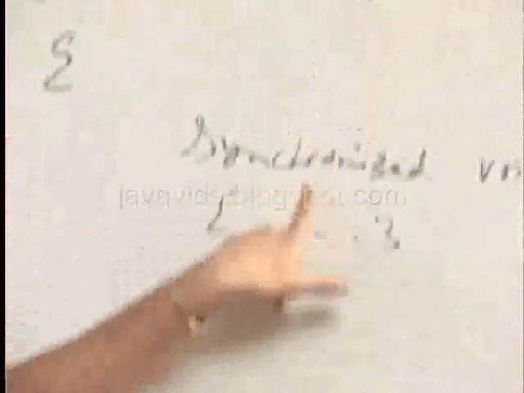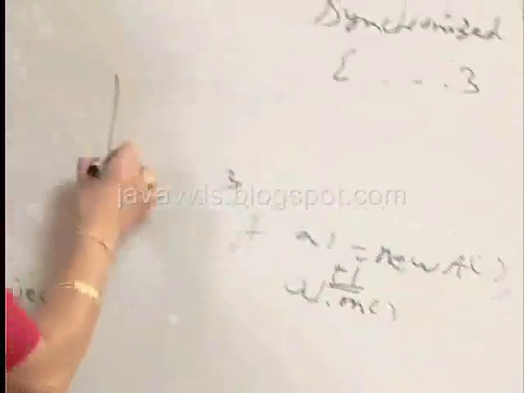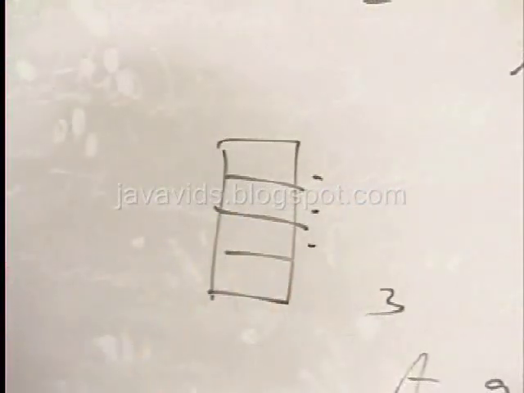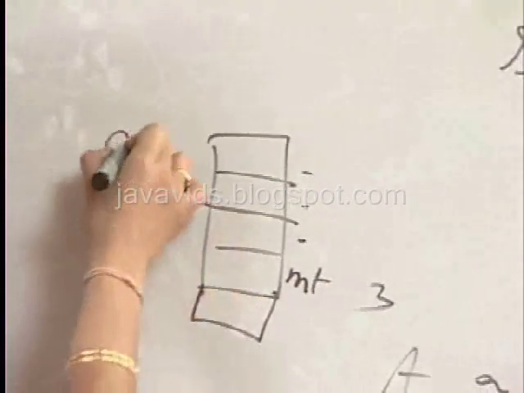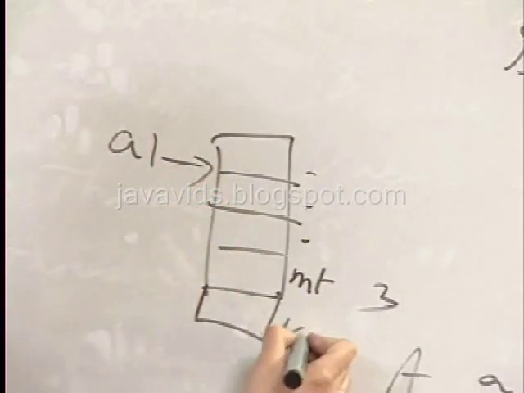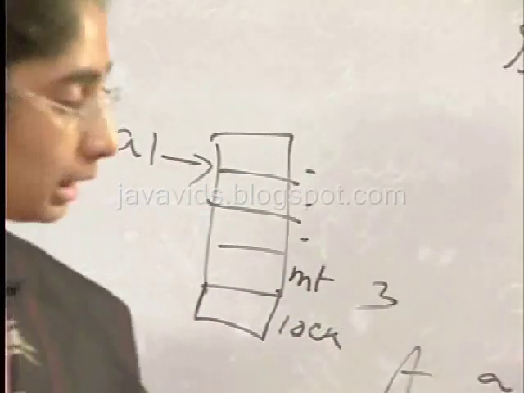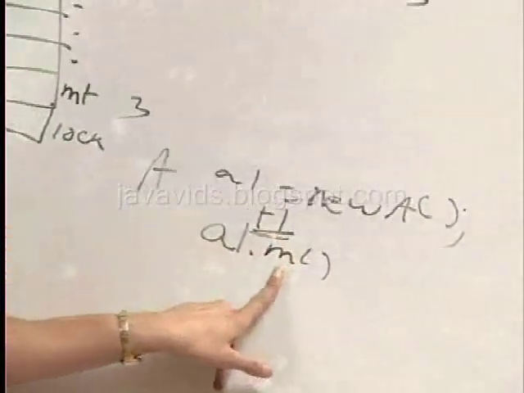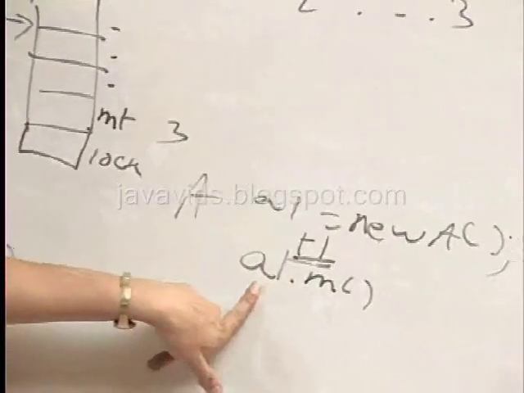Since M is a synchronized method and M is called through A1, now you have object A1, right? This object has many instance members, plus it has a pointer to the method table, and also it has a placement for lock. So when I call A1.M, since M is a synchronized method, thread 1 places a lock on object A1.